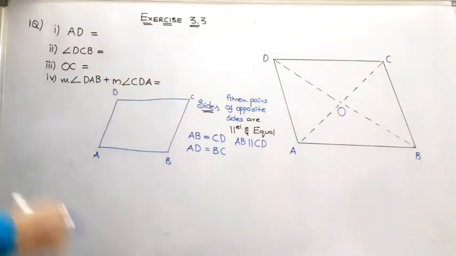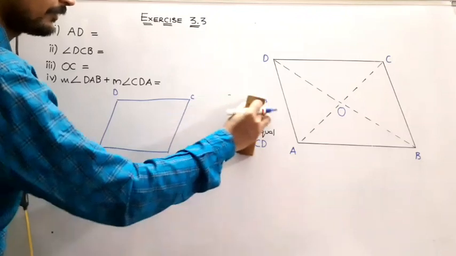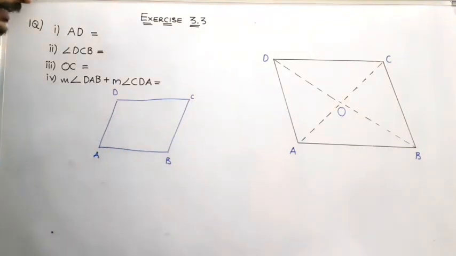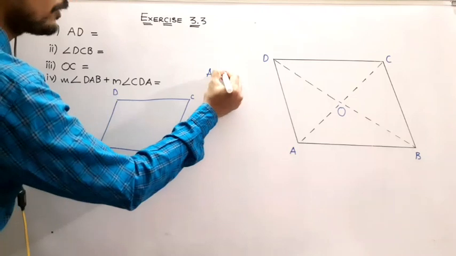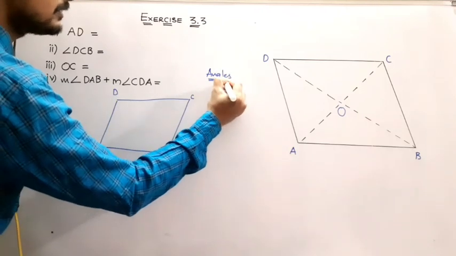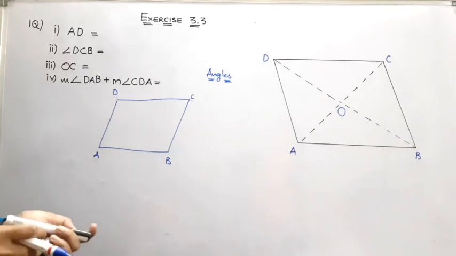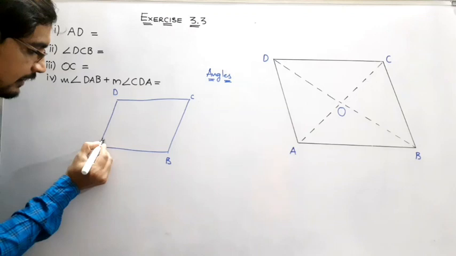Now look. Now I am going to consider angles. So in a parallelogram, the pairs of opposite sides are parallel and equal. Now considering the angles of a parallelogram, very important property, children. What we have to understand is that opposite angles are equal.